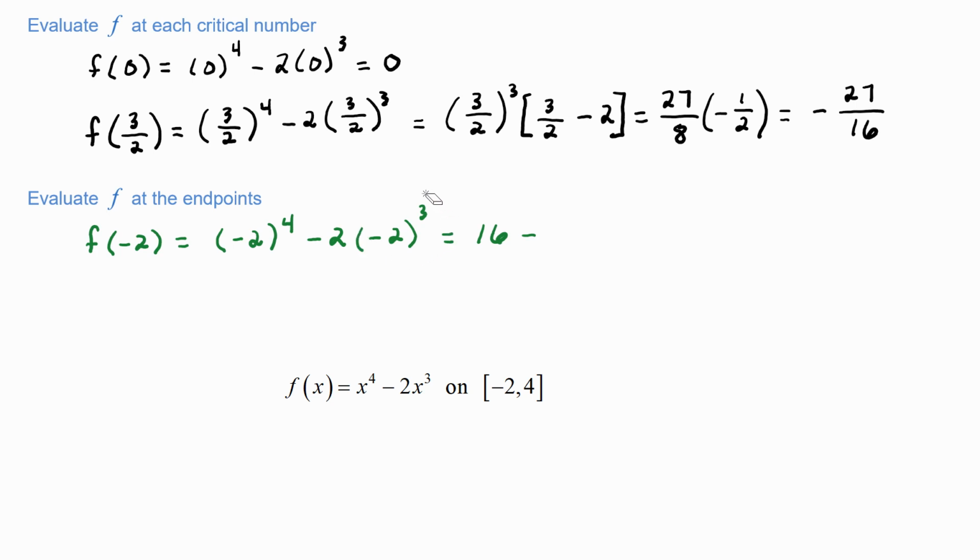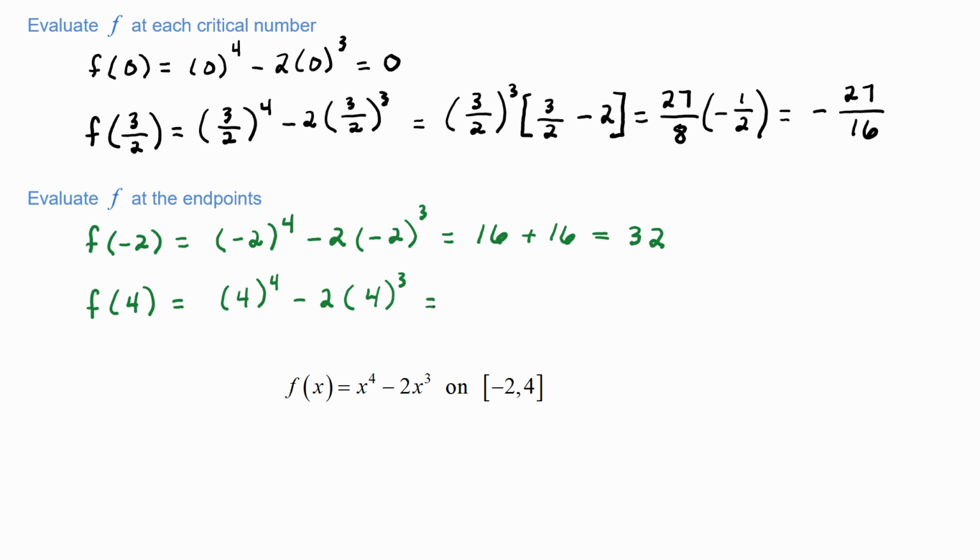Well, negative 2 cubed is negative 8 times negative 2 turns that into positive 16. So f of negative 2 equals 32. The other endpoint is x equals 4. So we have to evaluate f of 4. That would be 4 to the 4th minus 2 times 4 cubed.